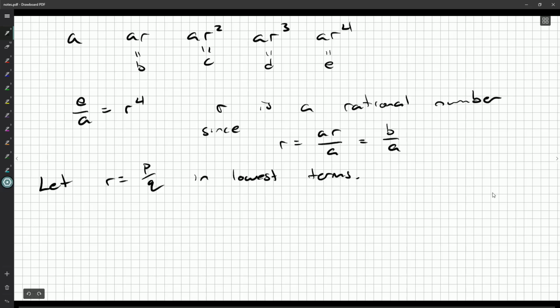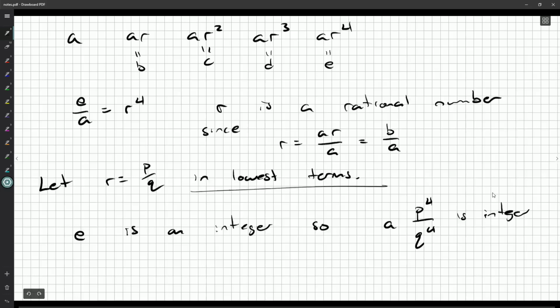Well then, E is an integer. So A p to the 4 over q to the 4 is an integer. And p and q don't share factors because I just said p and q are in lowest terms. So therefore, q to the 4 has to divide A. Now q is an integer, so is p. In fact, they're both positive integers.